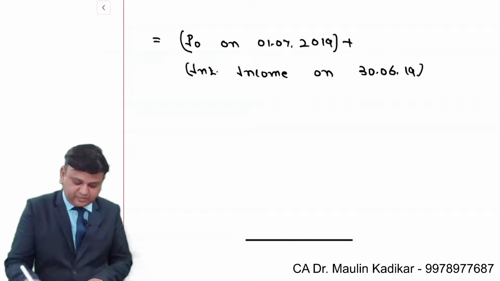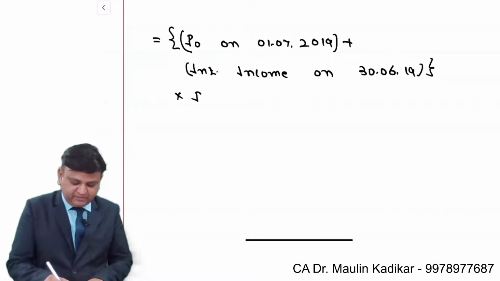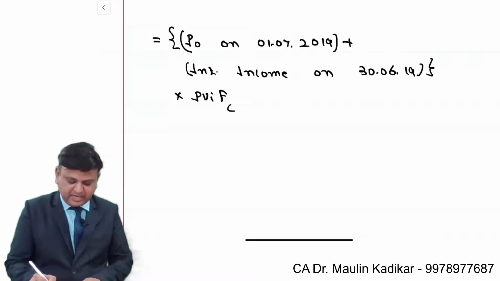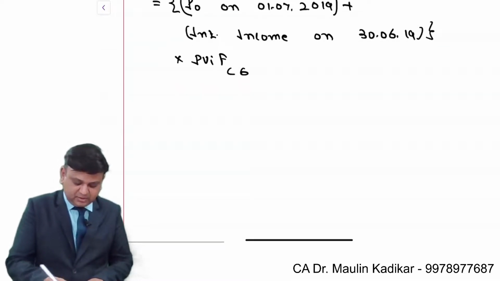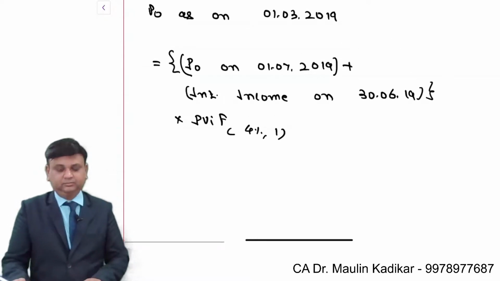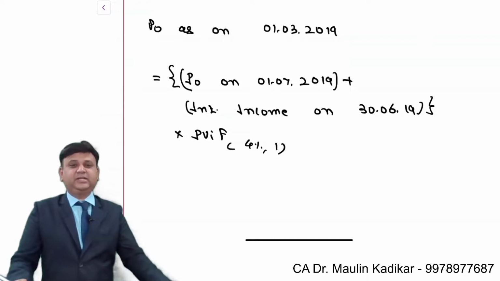We will add both of them, whole into PVIF at the rate of 4% for 1 year. That is the way we are required to write the answer.